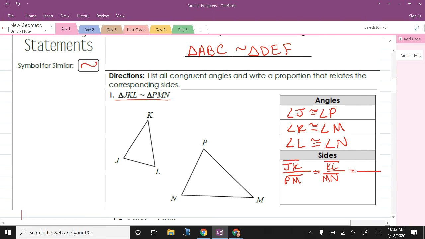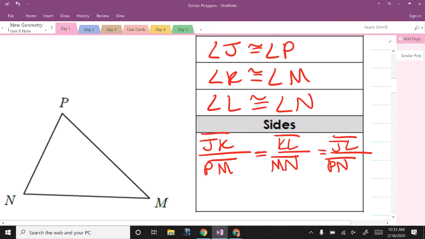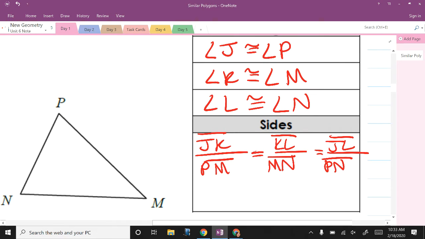MN. And JL is proportional to what side? PN. And excuse my sloppiness, y'all. Y'all see that? Whoa. So to me, the pictures are not nearly as helpful as the little similarity statement. Does that make sense? So that will help you in setting up ratios for side lengths, and it'll also help you finding angle measures because you know which ones are congruent to which ones. All right.